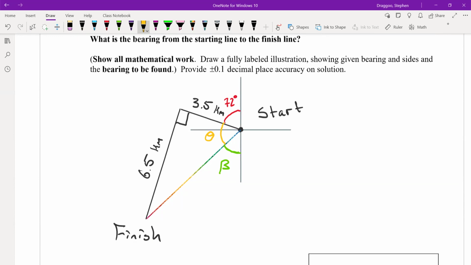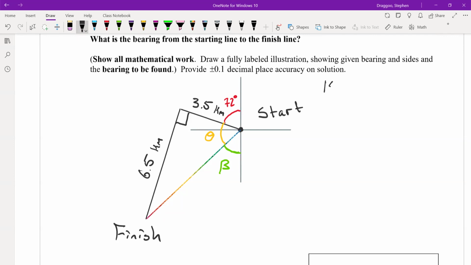So if I'm ultimately looking for the green angle, I should notice that all three of these angles in color together, red, yellow, and green, if I add them all up, I get to 180 degrees, since that makes a straight line from north to south.